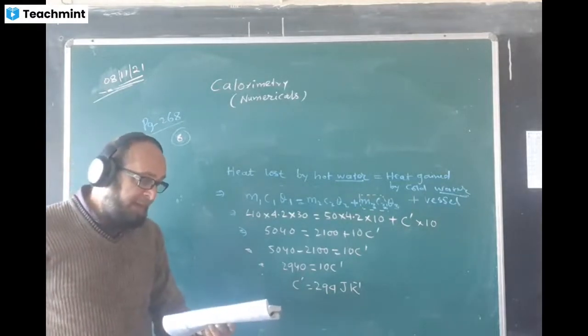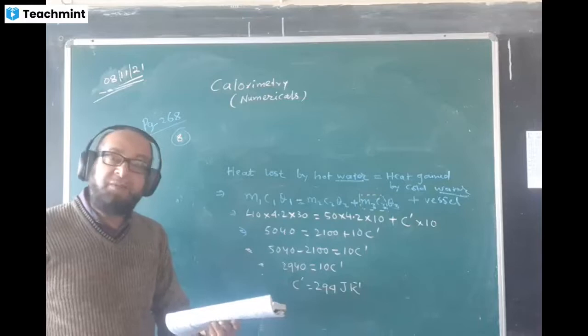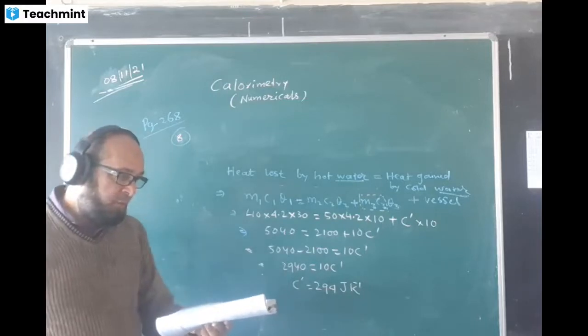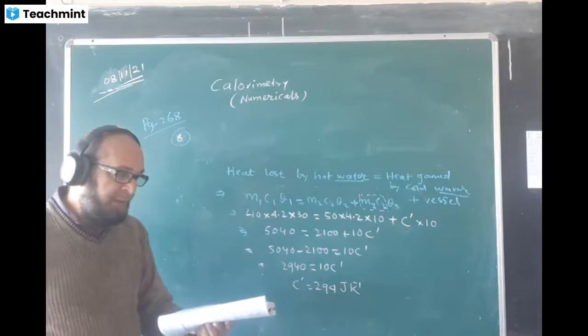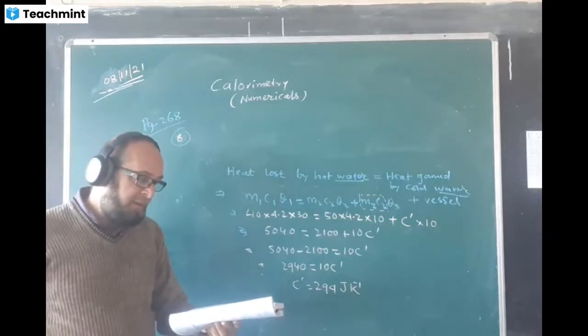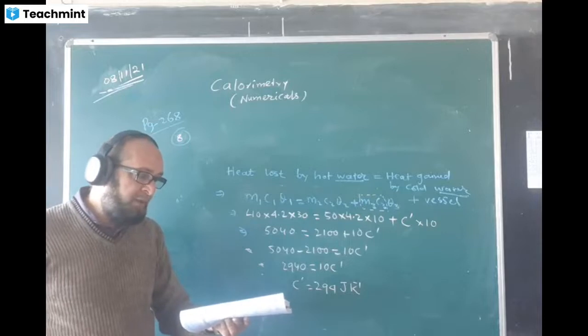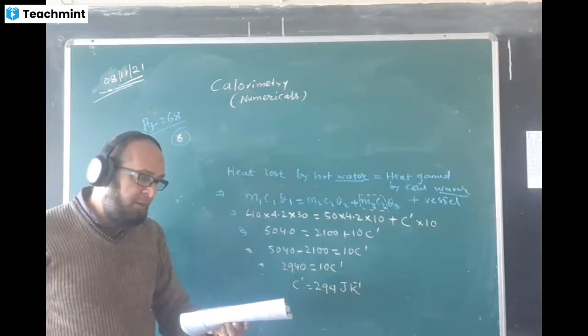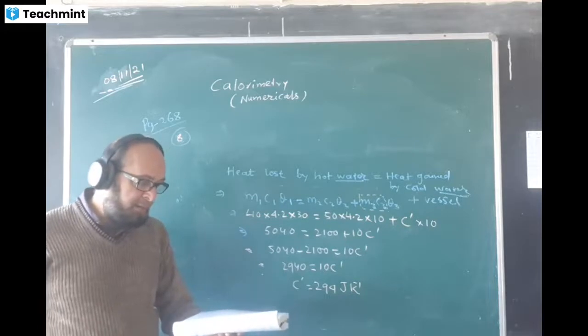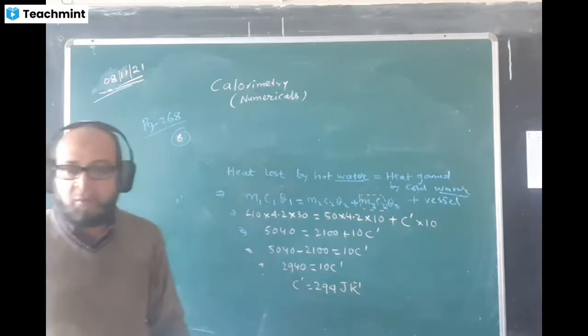Then it is added in a calorimeter of mass 50 gram and SHC 0.42 joule per gram per Kelvin containing 50 gram of water at 20 degrees Celsius. After stirring the water, the highest temperature recorded is 22 degrees Celsius. Calculate the SHC of metal and SHC of water given.